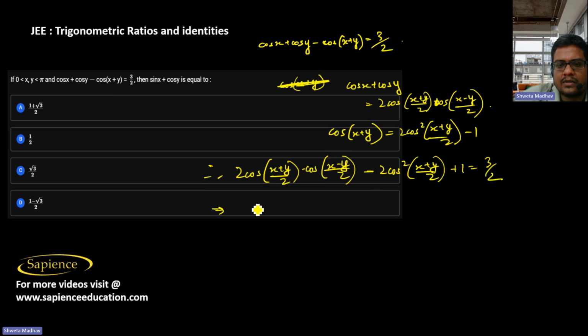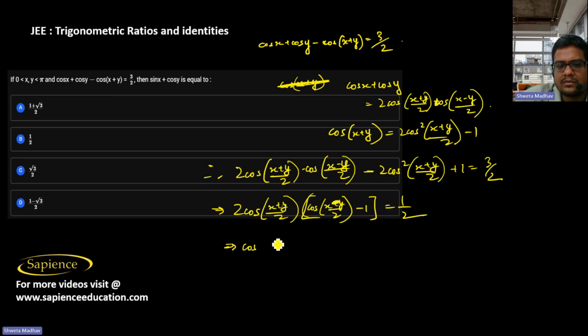So from here, if I take 2 cos (x plus y) by 2 as common from these two, into cos (x minus y) by 2 minus 1, that is equal to 3 by 2 minus 1, that is 1 by 2.